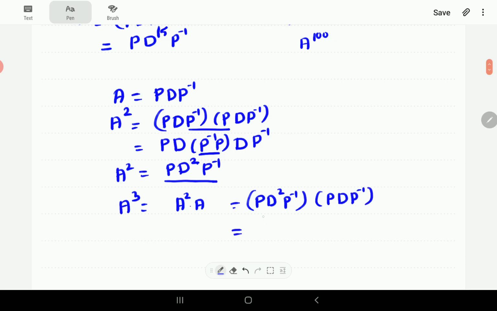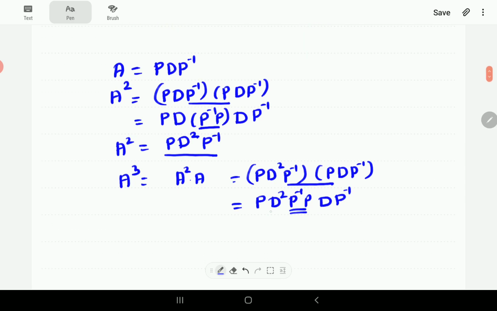So this is equal to P and D square as it is, then P inverse into P, because of the associative property of matrices, we can group them this way. Again, P inverse into P is the identity matrix. When you multiply the identity matrix with any matrix, it is the same matrix. So here I take D square into D, which is D cube. So this is your A cube.